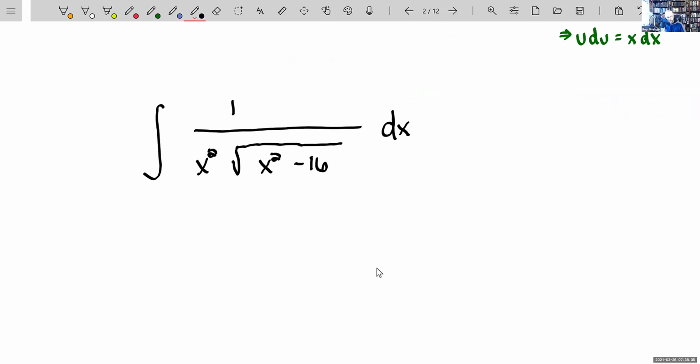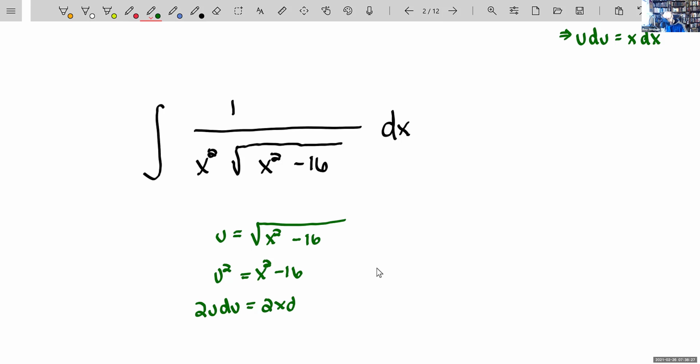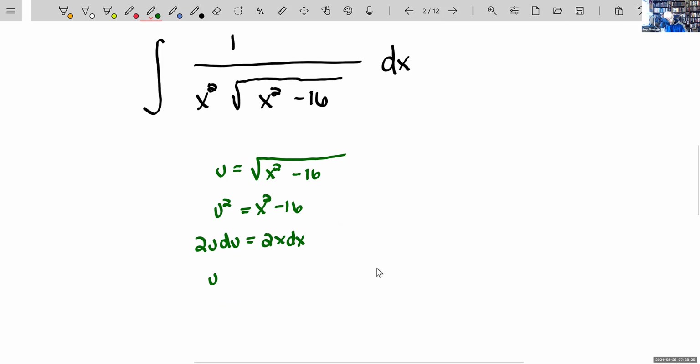So the u substitution, even if I did a radical substitution, let's suppose I did that. The radical substitution, u equals the square root of x squared minus 16, which leads to u squared equaling x squared minus 16, which leads to 2u du is equal to 2x dx, which leads to u du equals x dx.